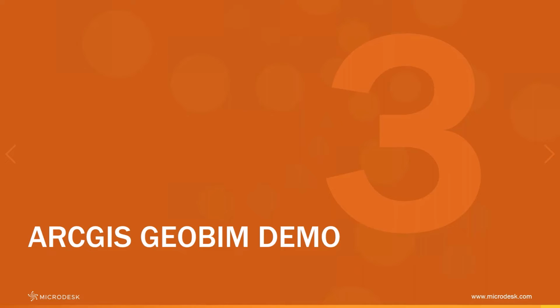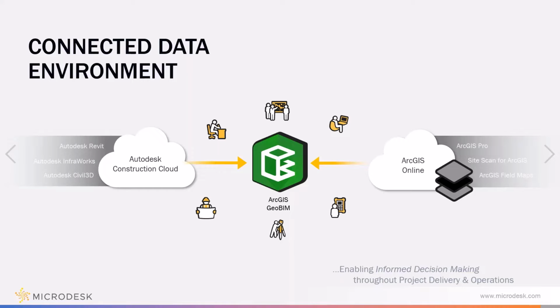Okay, now that we've heard why GeoBIM is relevant to your construction project, let's see how to create a GeoBIM application through a GeoBIM project. Now, before we begin, I just want to recap the architecture that we're using when we think of GeoBIM. ArcGIS GeoBIM integrates ArcGIS Online with the Autodesk Construction Cloud or BIM 360 projects in an easy-to-use web-based experience where project teams can explore and collaborate on BIM projects in a geospatial context.